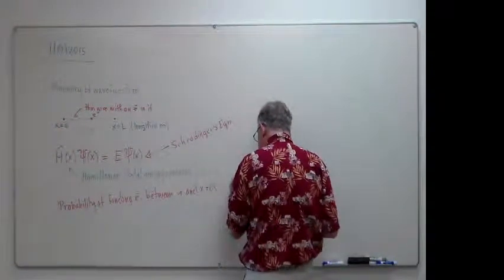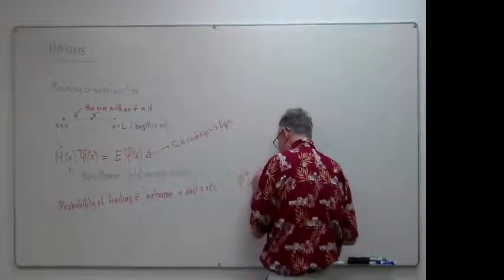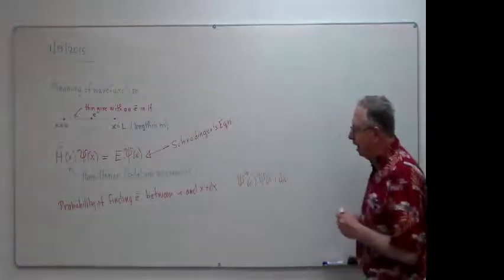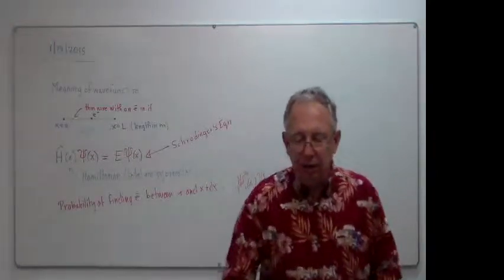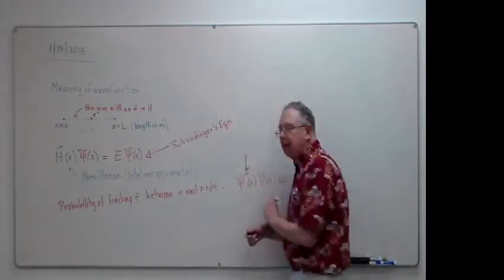It's psi star of x times psi of x dx. That's the probability. And do you remember what we call the star from our earlier lecture?